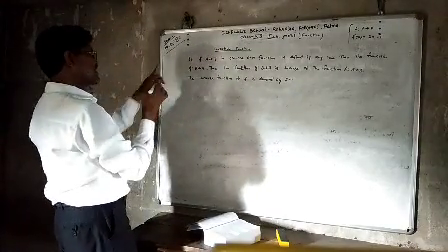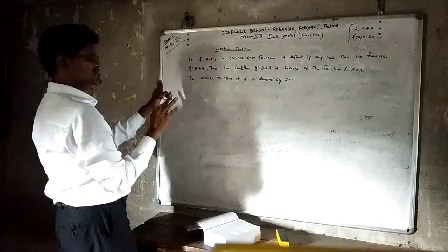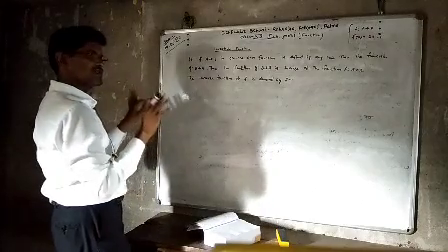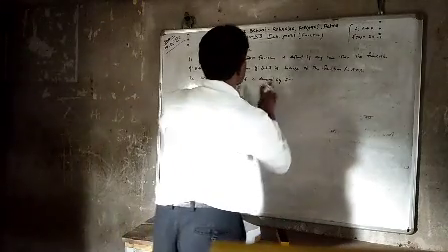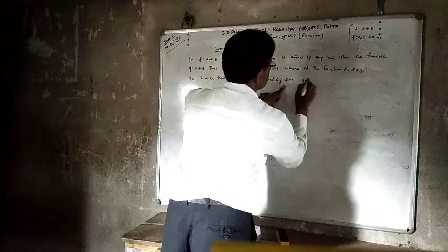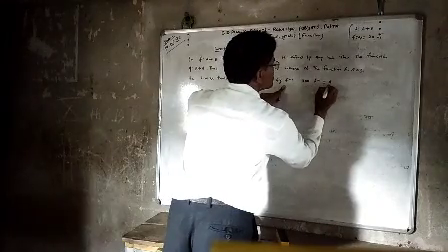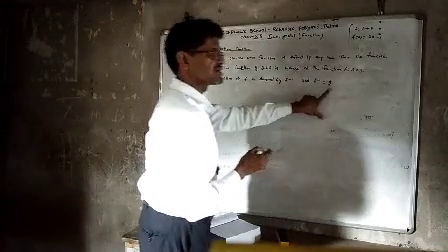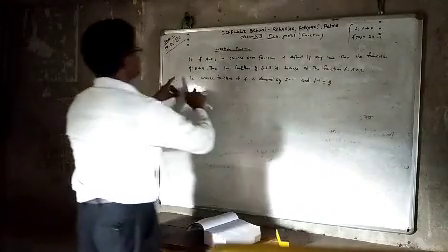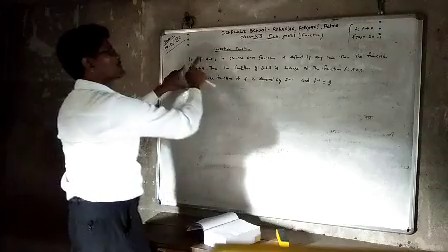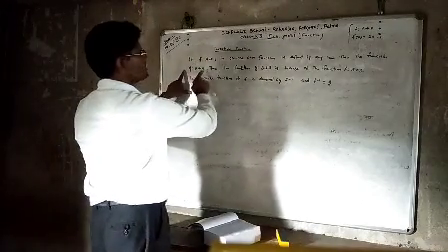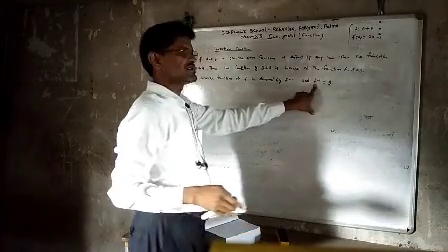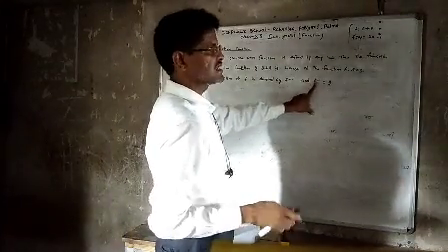The composition of f and f inverse will be the identity function. f inverse is equal to g, which means the inverse of function f is denoted by g. g is the function which is the inverse of function f. Then f inverse equals g.